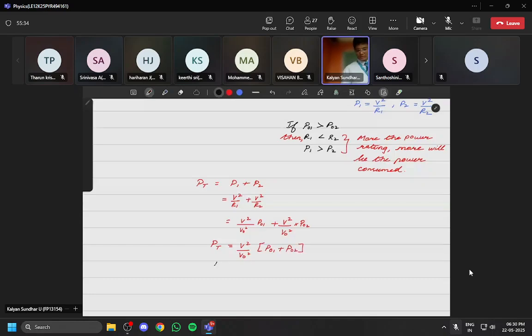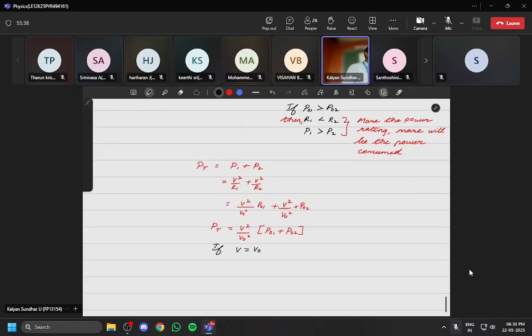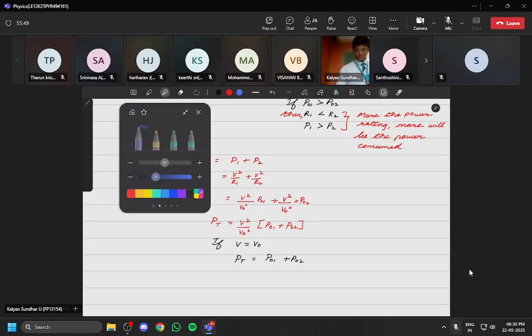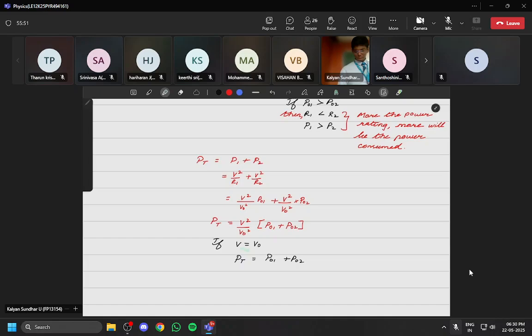And the same goes here: if your external potential is equal to your standard potential rating, then your P total will be equal to P01 plus P02. So this will be your total power consumed when they are connected in parallel.